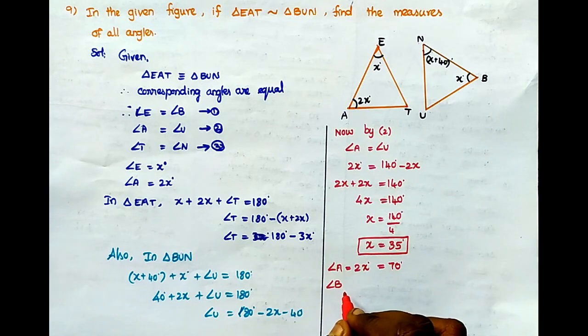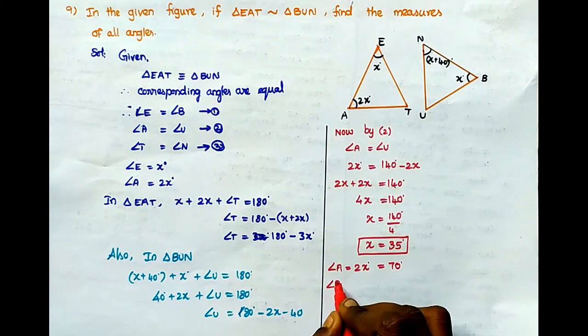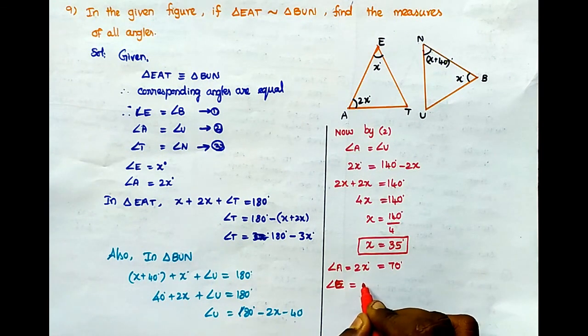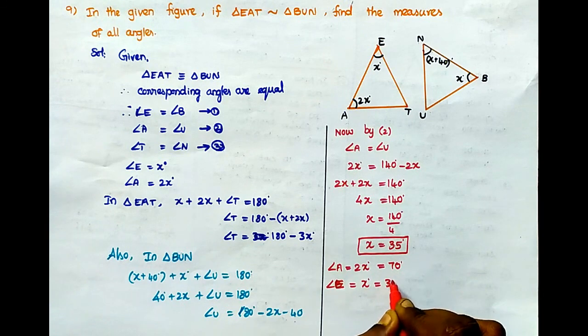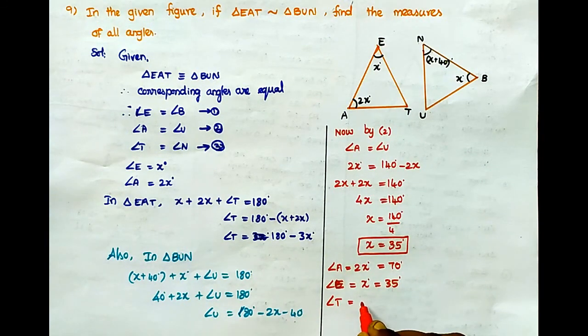Angle E equal to x degree, that is 35 degree, and then angle T equal to angle N, that is how much? 180 minus 3x, that is equal to 180 minus 3 into 35, 105, that is equal to 75 degree.